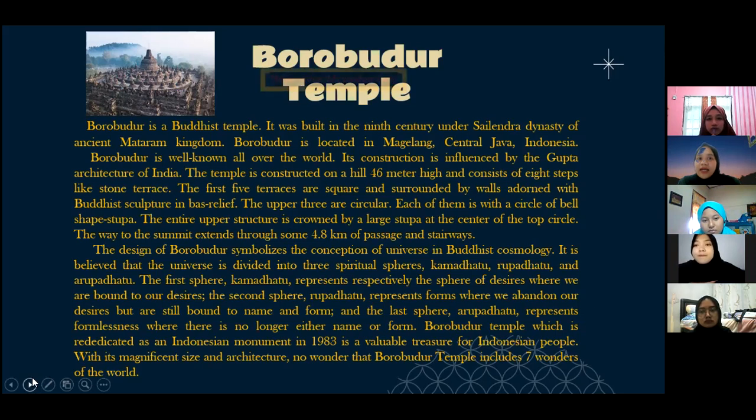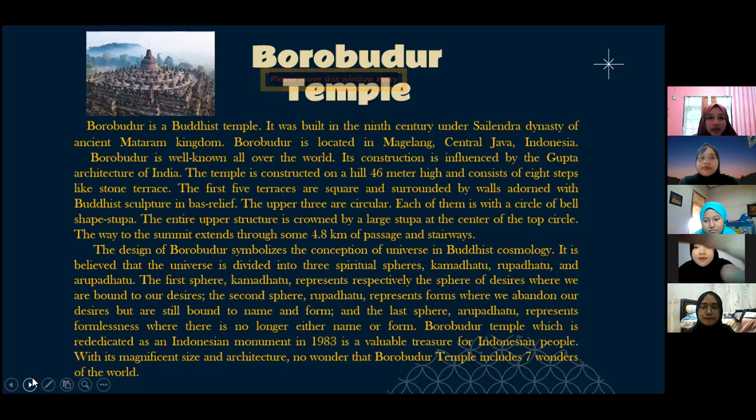It's like when the Borobudur was built, then the location of Borobudur, right? So the second paragraph, who wants to read? Fatia, can you? Yes, Miss.